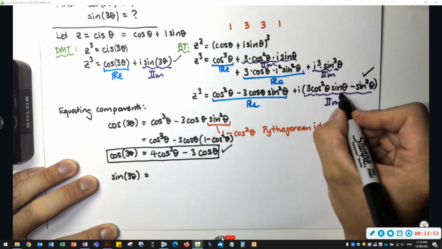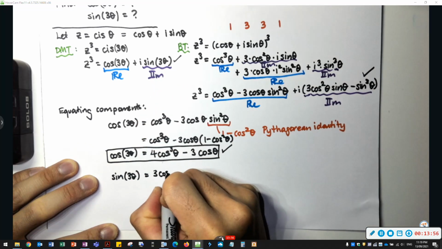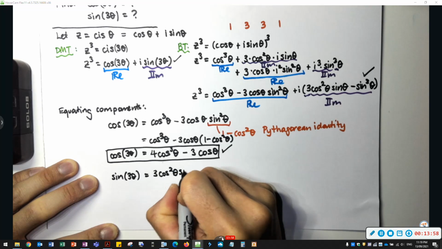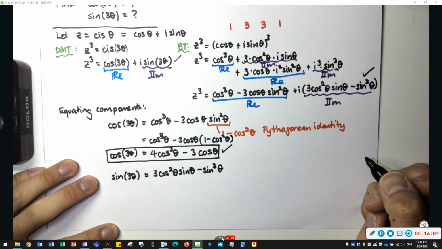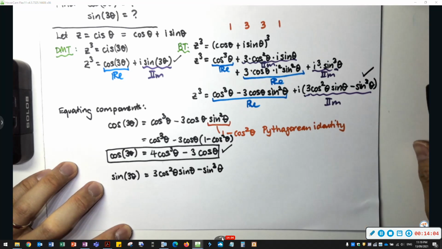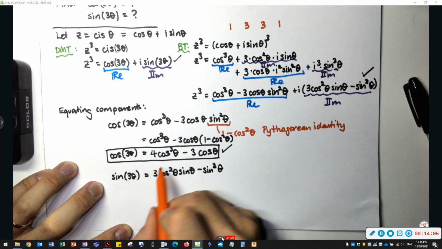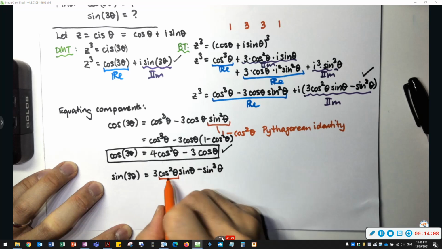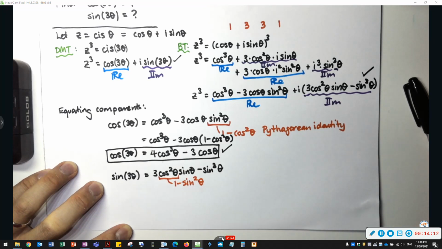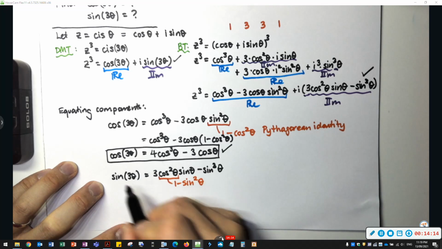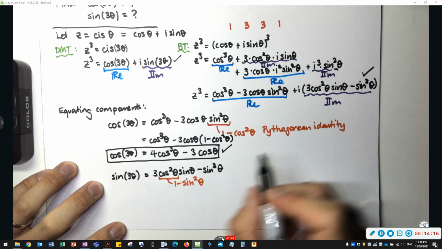Okay, and I want to write it all in terms of sine, mostly because this is sine, so it would be nice to write all this in terms of sine.